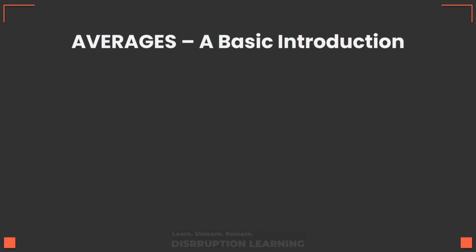Now, just like our previous set of series, we are going to have a basic introduction about averages first. In the introduction part, we are going to learn the origin of averages. Averages actually has its origin from a term called measures of central tendency.